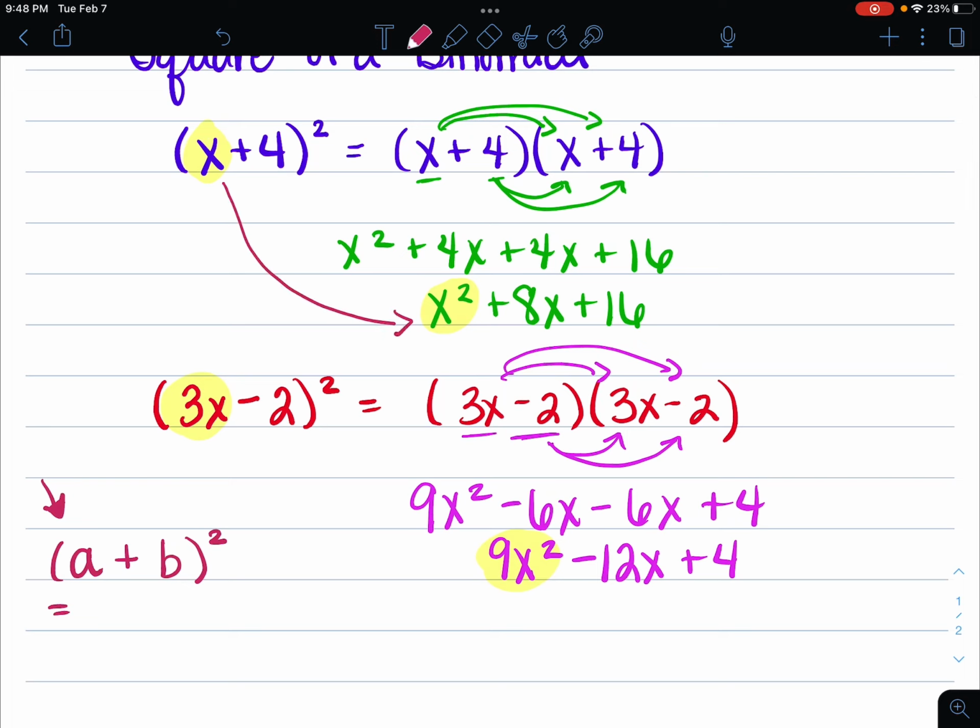So notice your first term is just squared, right? x squared. 3x squared is 9x squared, right? So it's just the first term squared always. A squared. Now look at your middle term.